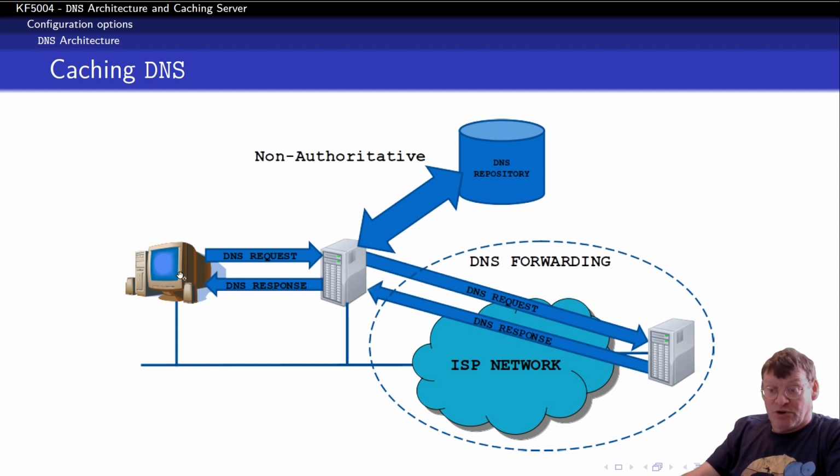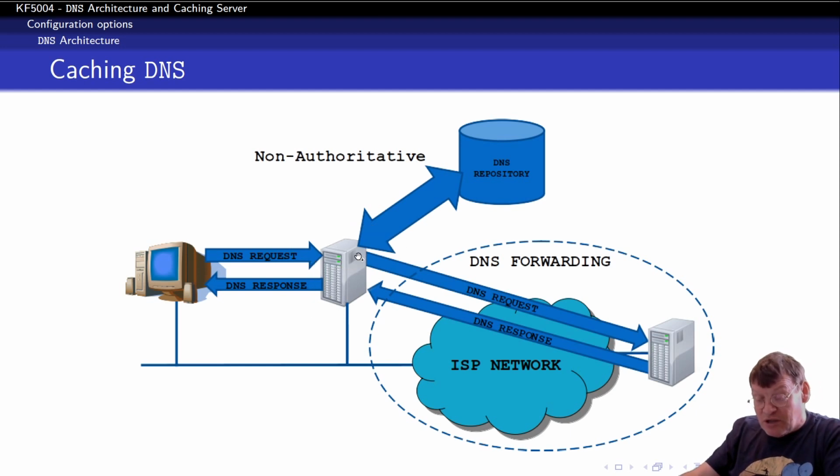The other way this can work is if we make the request, the DNS server will check its repository. If it doesn't exist in there, the server will go off to the internet. There are two ways it can do that. Initially, we're going to look at DNS forwarding. Later on, we're going to look at something called root hints. But for now, we're going to look at forwarding. We can supply addresses to our machine to say, if you don't have the answer, here is where you should go and look for it.